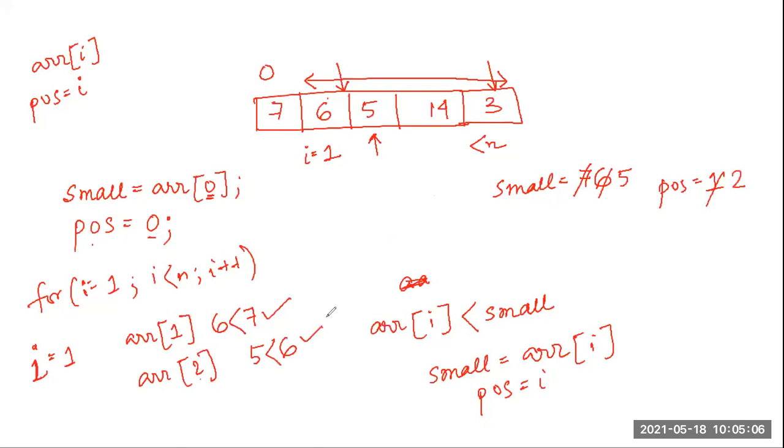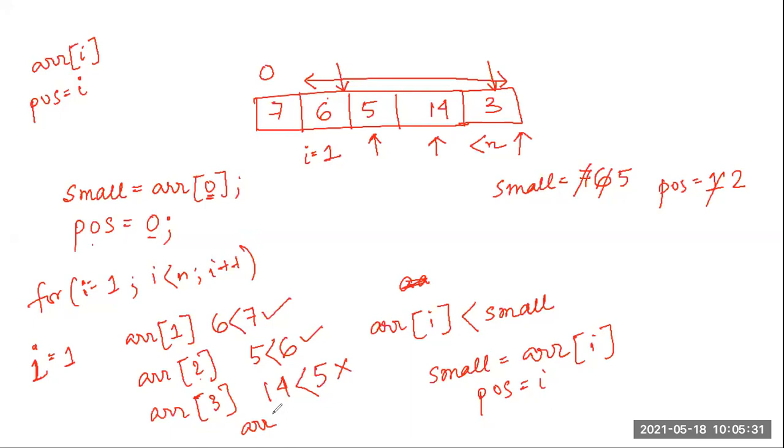Again I plus plus. Next, I will point over here. It will check ARR 3, that is 14. Is 14 less than 5? No, not true. Again it will just increment. Here it will come. I will just lift the screen a bit.